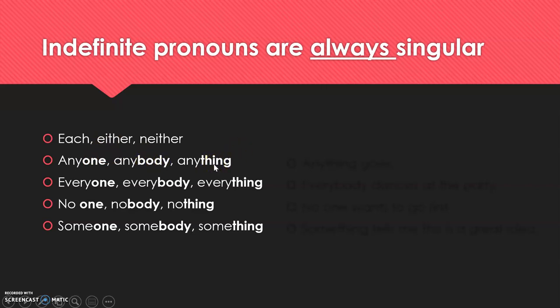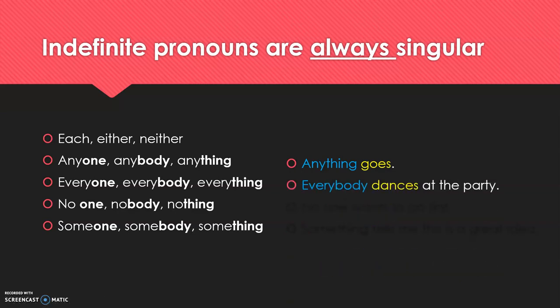So if you pause and think about that, one literally means singular, body is singular, thing is singular. So even though these words are placed before it, it still makes a singular subject.